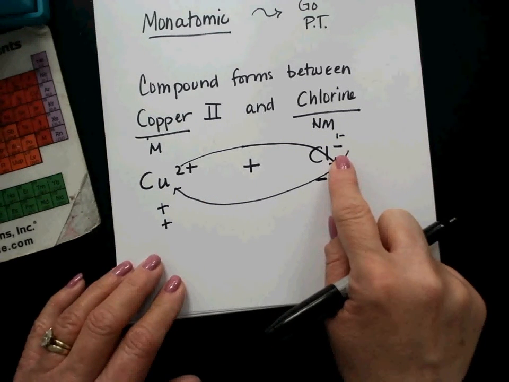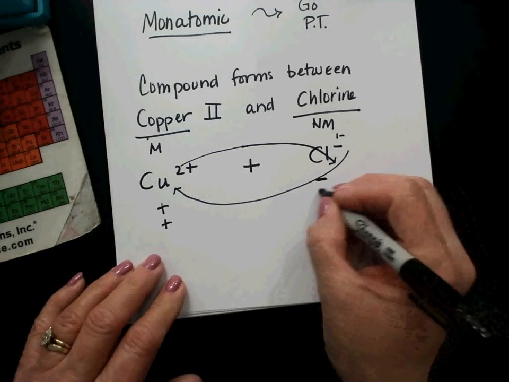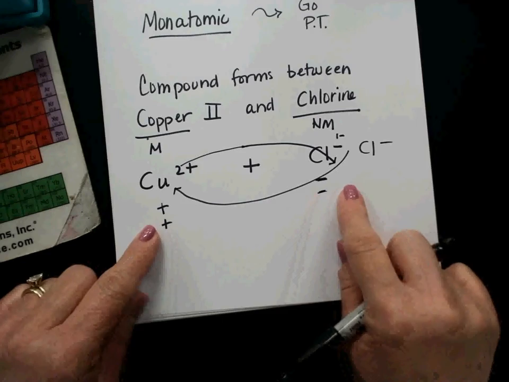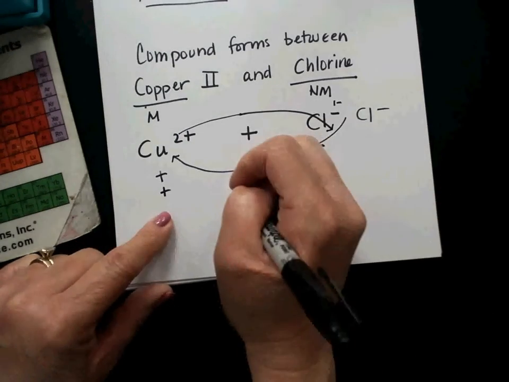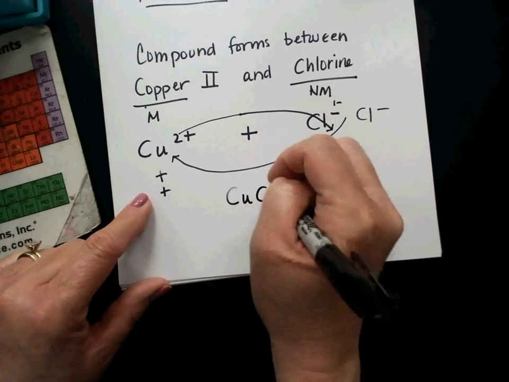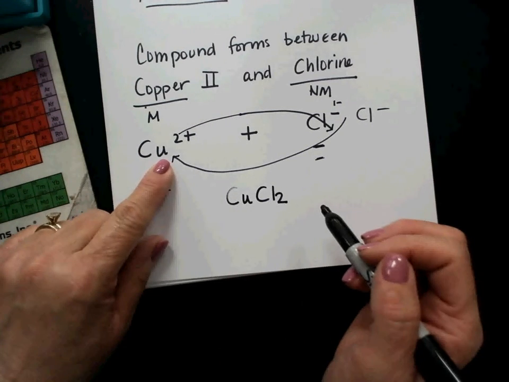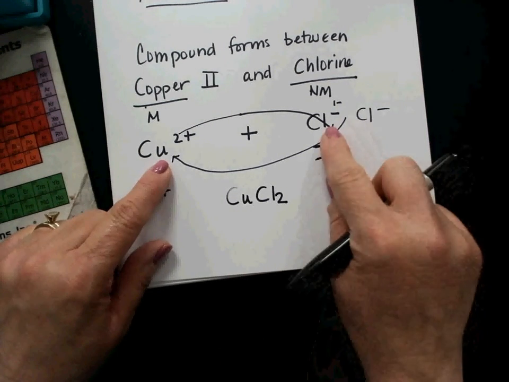So I want a 2 plus and a 2 minus. Which means I would have to multiply chlorine times 2 and have 2 of them, and now I have neutral, correct? So if I wrote that, I would write it as CuCl2. That works. There's a 1 here.